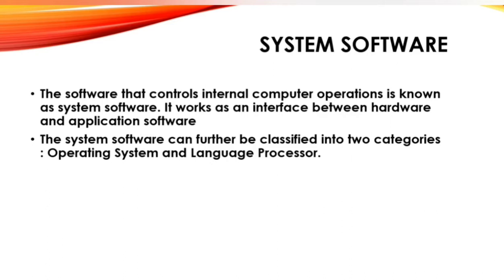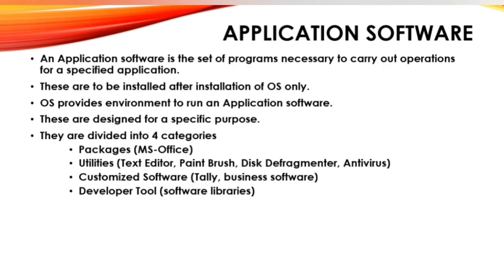Similarly, system software is there, for starting the computer system and for how the computer operations are done internally. So system software can be classified into two categories, operating system and language processor. Let us start with application software. Operating system we will do in the next part.